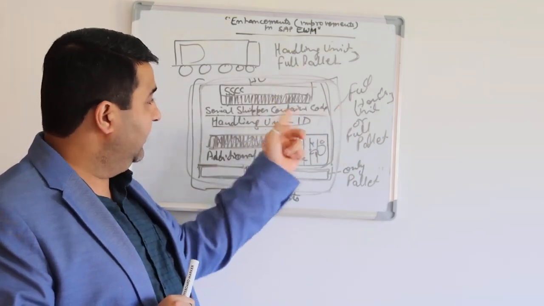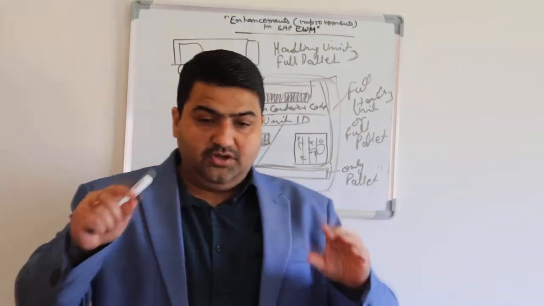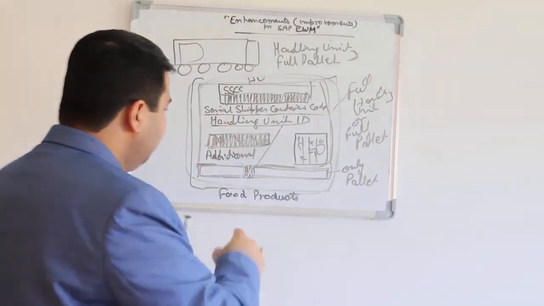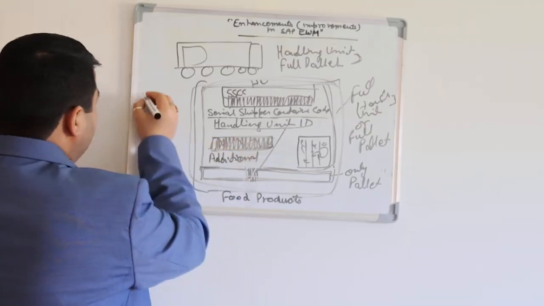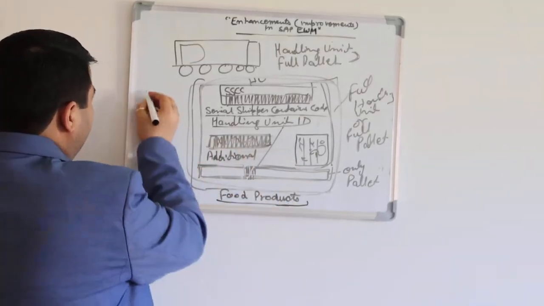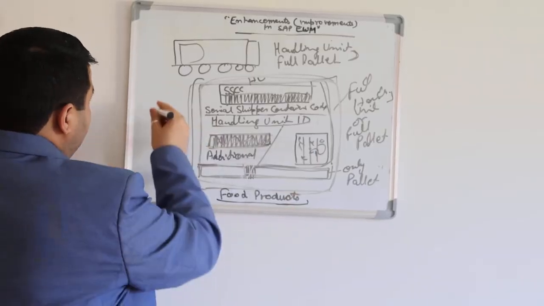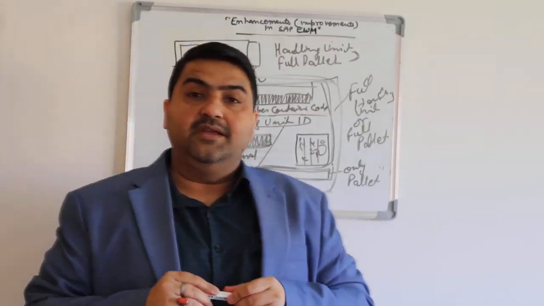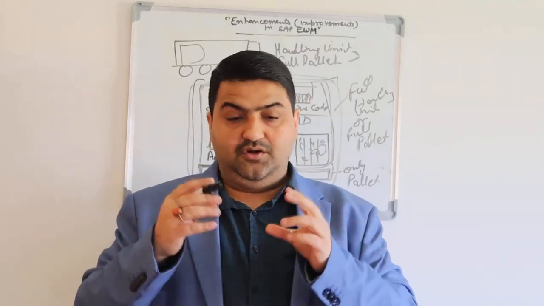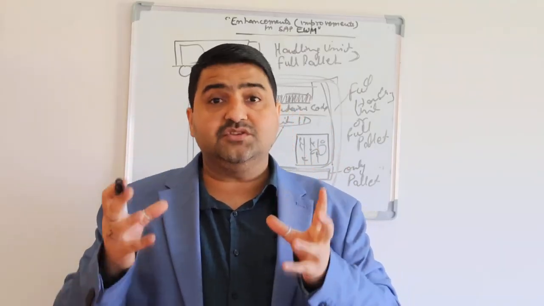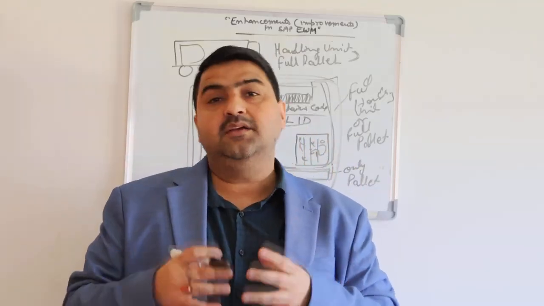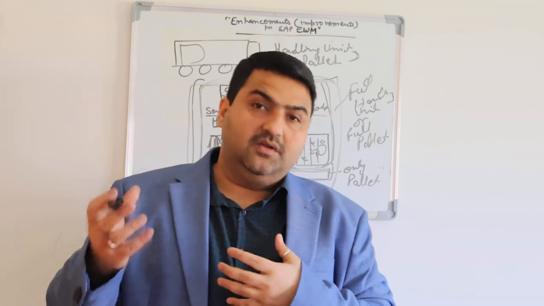Also he puts another barcode. Assume this is a food product; food products could be of many different kinds, like toast or other types, multiple things.